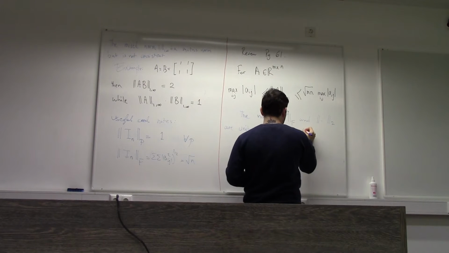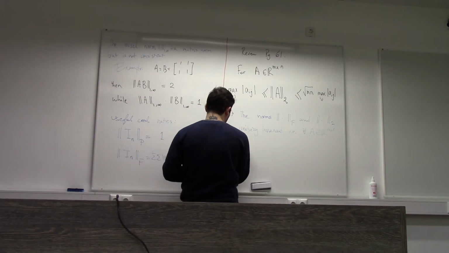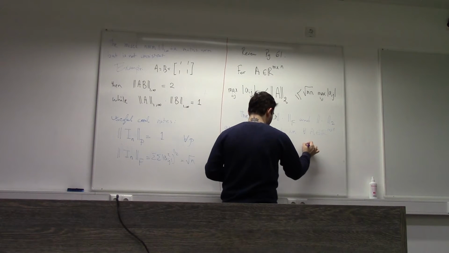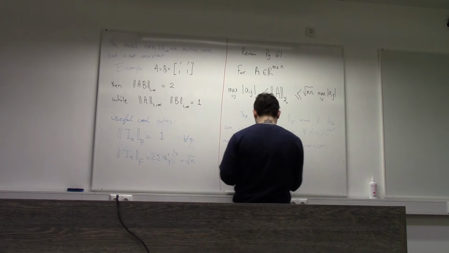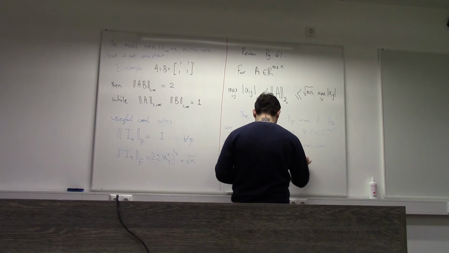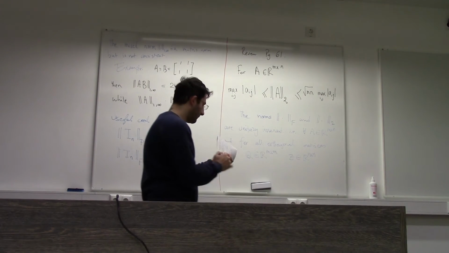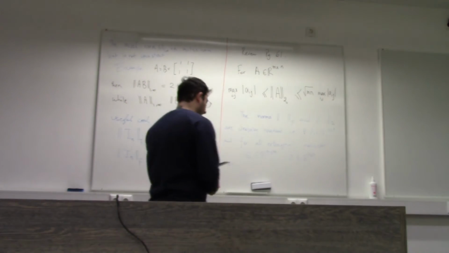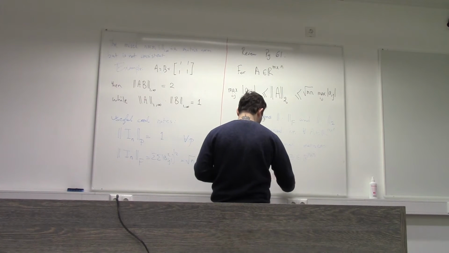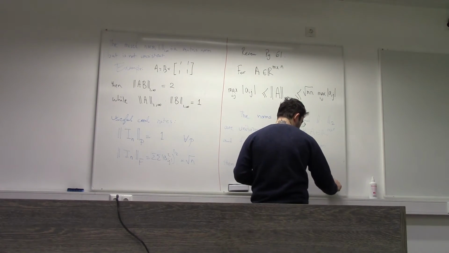In other words, for any A belonging to R^(n by n), and for all orthogonal matrices Q belonging to R^(n by n) and Z belonging to R^(n by n), then we can write this: the alpha norm of QAZ is the alpha norm of A, if alpha is either Frobenius or 2.